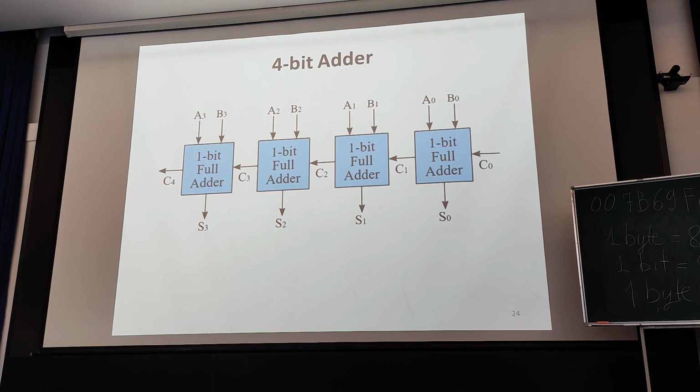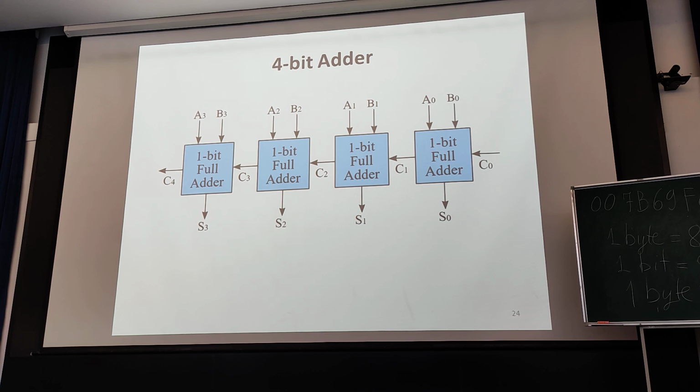But another problem is, in order for the second 1-bit adder to work, we have to wait for the first bit to finish the calculation. It means that this architecture of the 4-bit adder works in sequence.